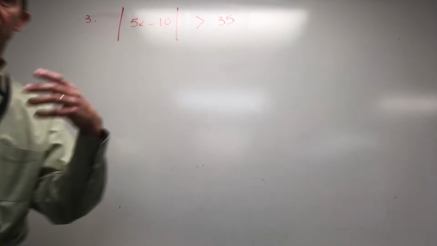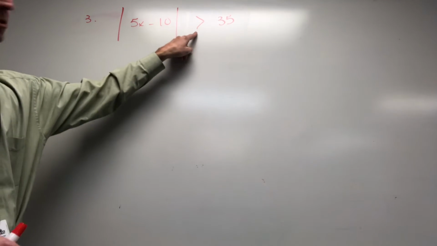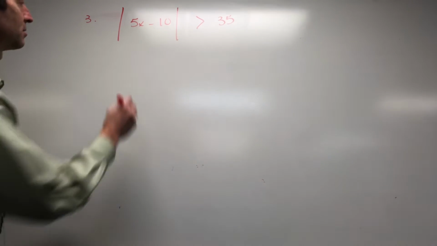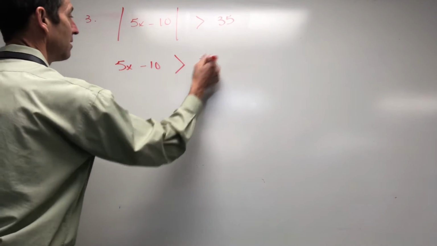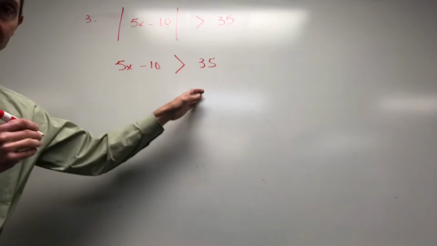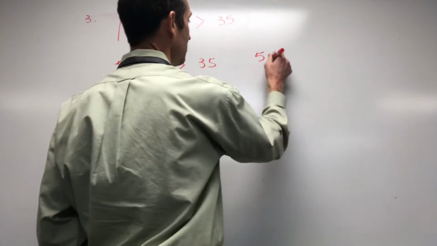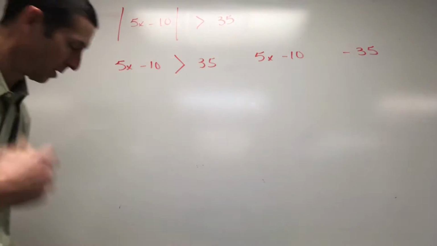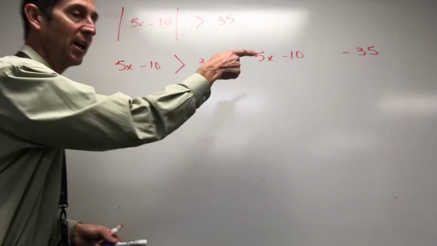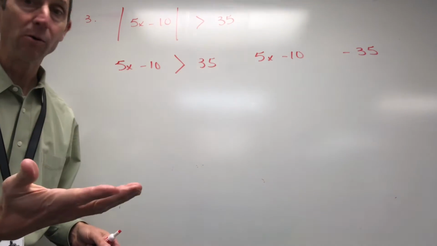Okay, so the second type of problem is a greater than problem. When it's greater than, you're still going to run a split. So you set 5x minus 10 greater than positive 35. Over here, you do the other direction, and you go negative 35. But here's the deal. You just changed that into negative 35, so you know how inequalities work.